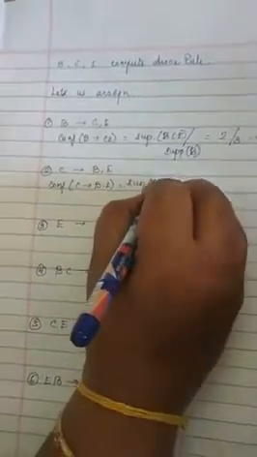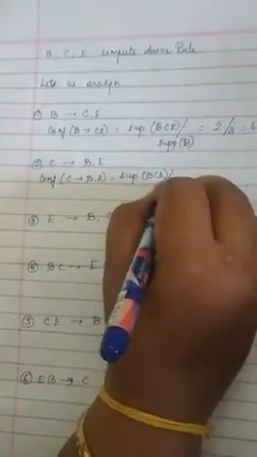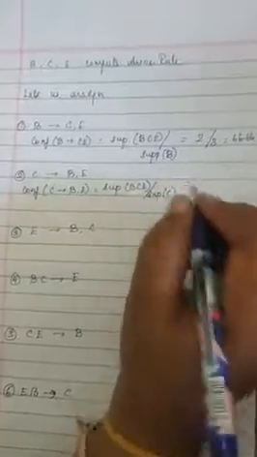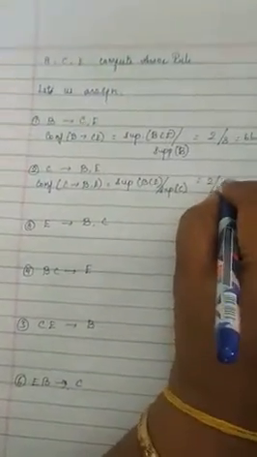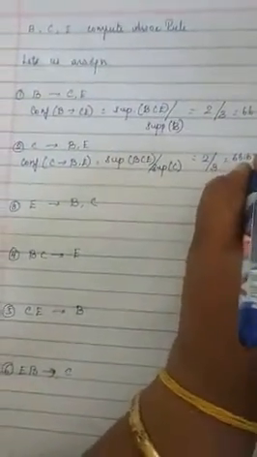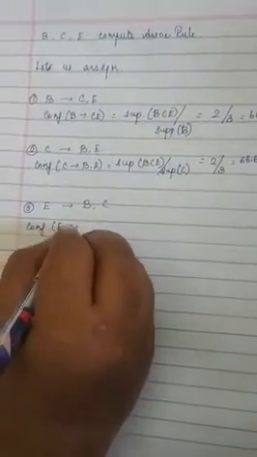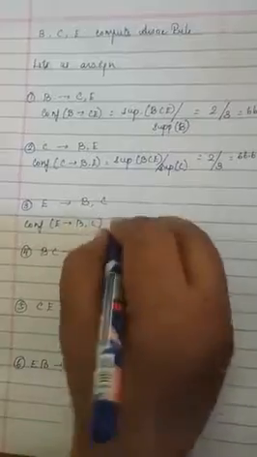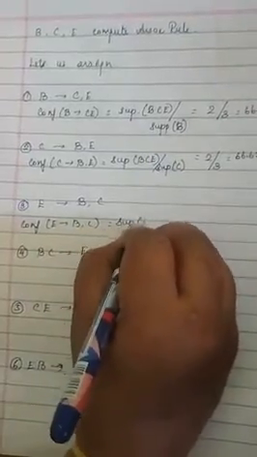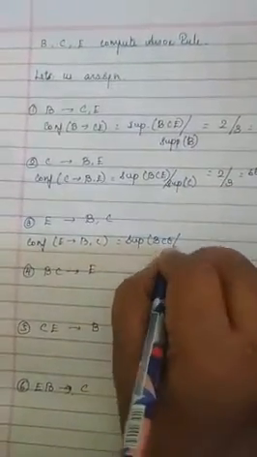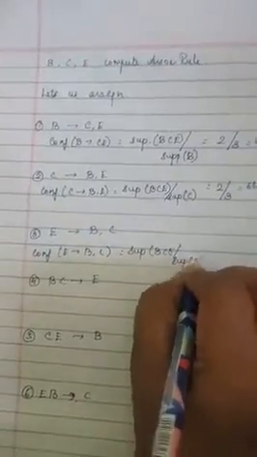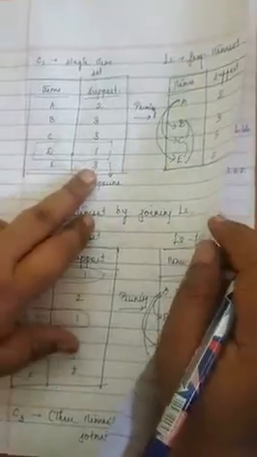Support of BCE by support of C, where BCE is 2 and support of C is again 3. 66.67. Again, confidence of E tends to BC, support of BCE by support of E, 2 by support of E is again 3.